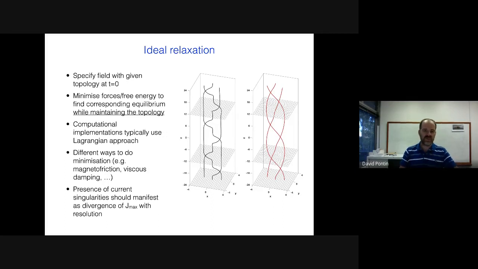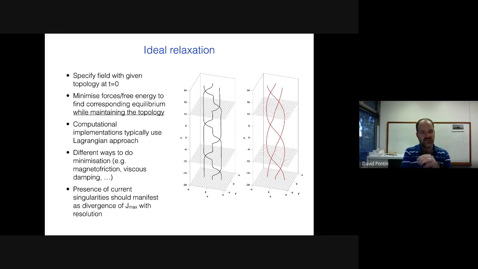Now, there are different ways to minimize the forces or the free energy. People used a so-called magnetofrictional approach or viscous damping. But the idea basically is that you want to look at the structure of the magnetic field or of the current density in the final state of your relaxation, in the energy minimum.